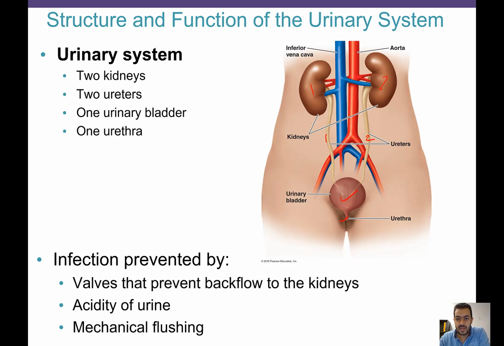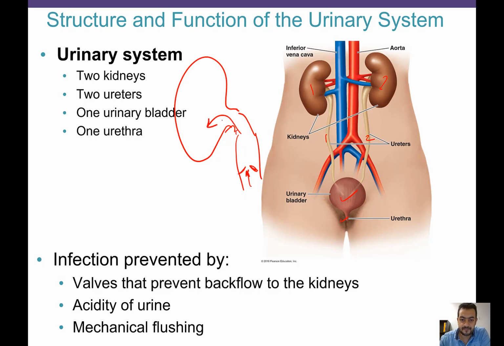Number two, we have many valves that prevent the backflow of the urine back to the kidneys. Imagine here in the ureters, we have something like gates, valves that close. They prevent the backflow, and this is important to prevent infection going back to the kidney.